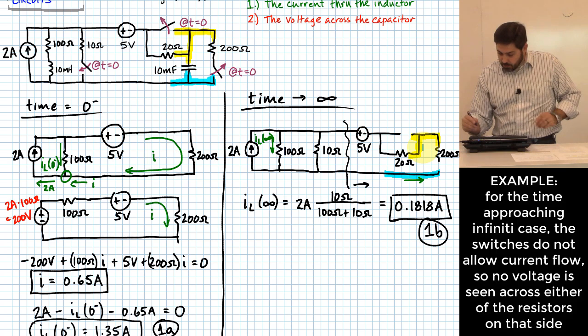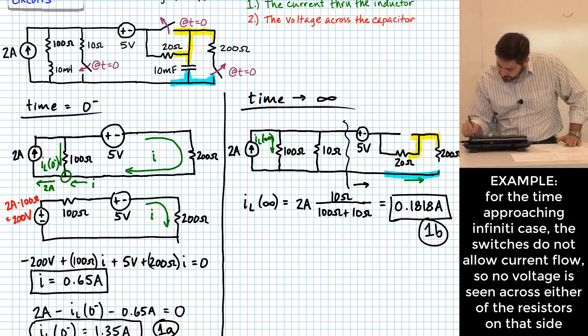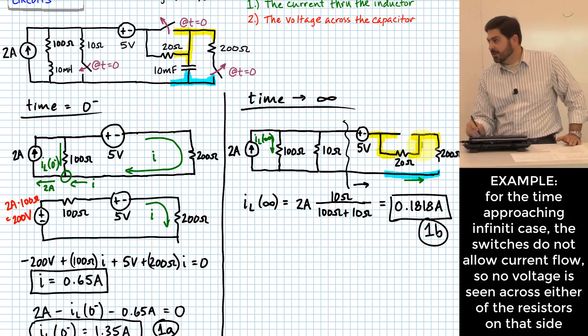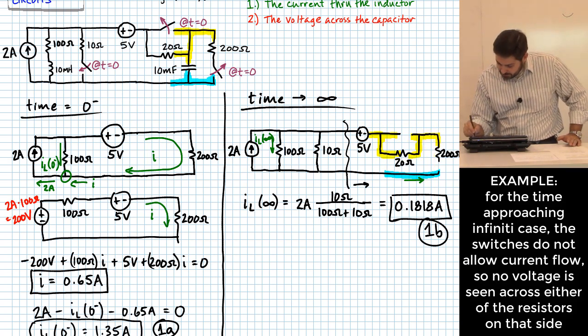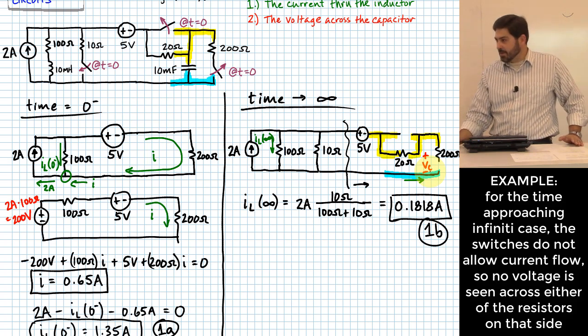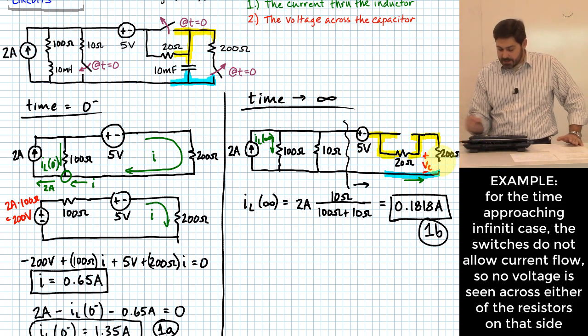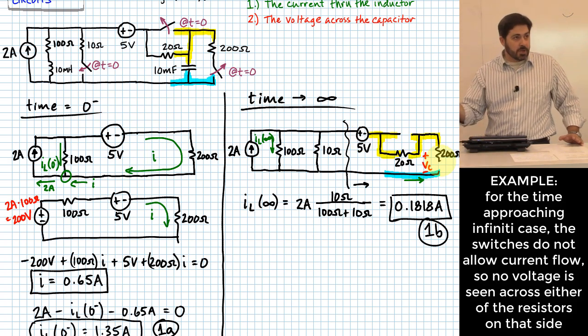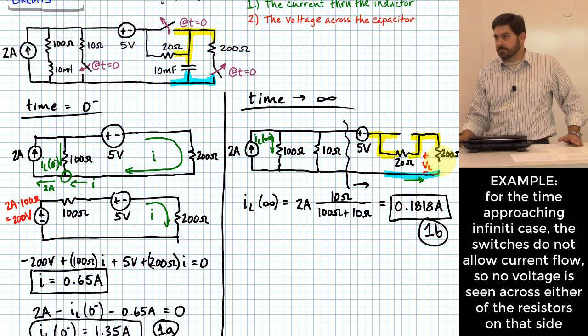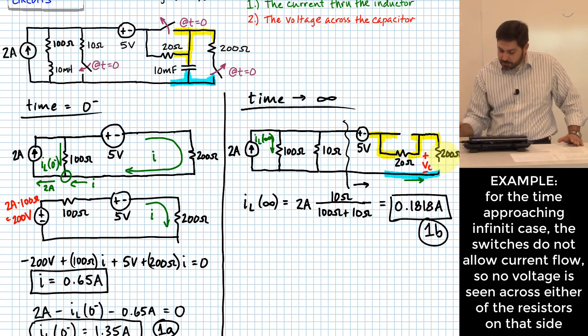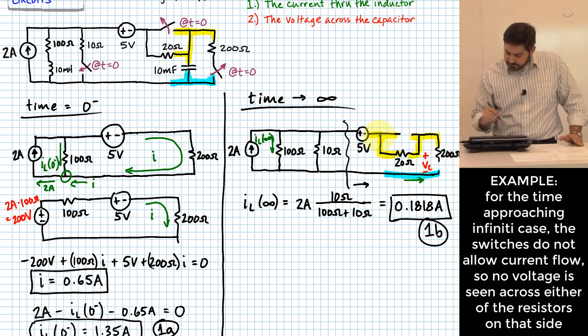That means that whatever voltage I have over here is also the voltage that I have where the capacitor voltage is. Does that make sense? Matter of fact, all of that stuff is going to be at the same voltage in this state because there's no place for current to flow. So if I can just find the voltage anywhere over there, then I'm good to go. So what does that mean I have to do?